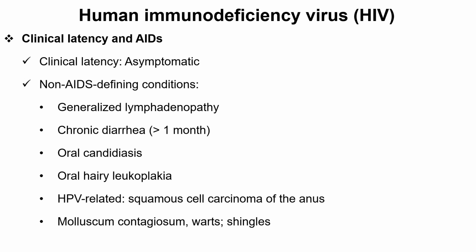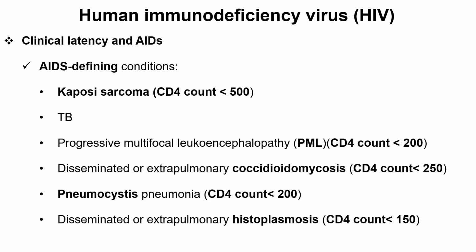There are a few conditions that are associated with HIV but are non-AIDS defining conditions, like generalized lymphadenopathy, chronic diarrhea of more than 1 month, oral candidiasis, oral hairy leukoplakia, HPV-related squamous cell carcinoma of the anus, molluscum contagiosum, warts, and shingles.